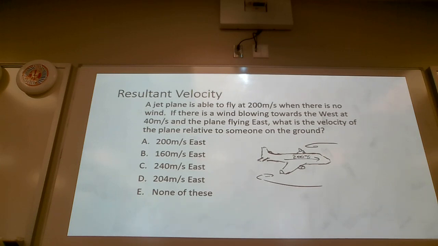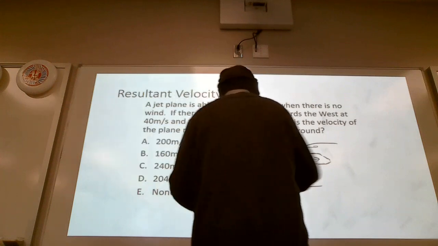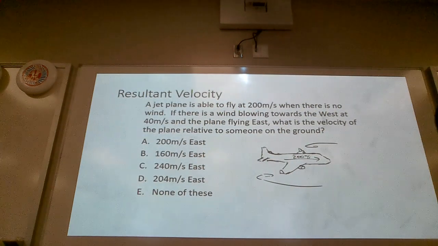Tell your neighbor. There we go with B. Okay, so this is a thing. Typically in the United States, weather patterns come out of the west and they go to the east. So if you're flying out west, you're going against the wind typically, and it's going to take you longer because you're going slower.